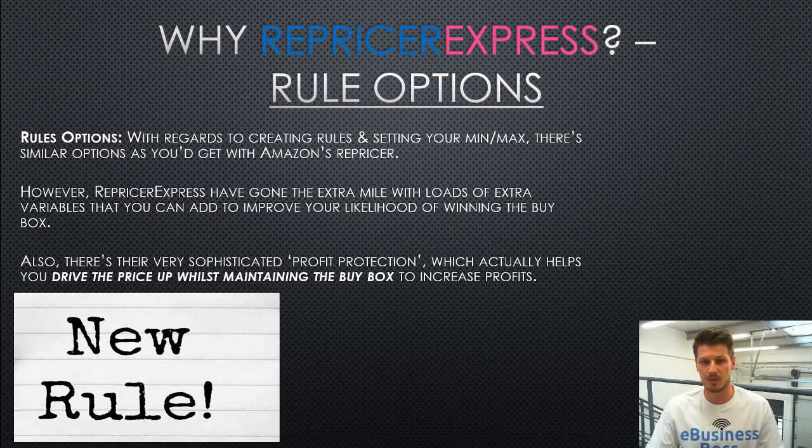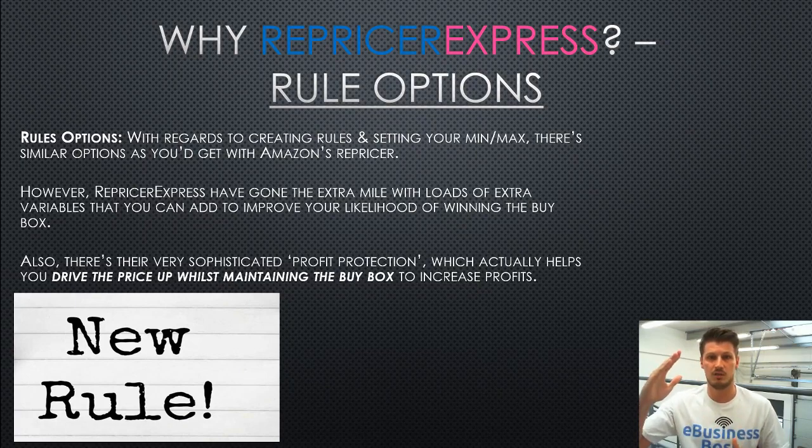And also, yes, profit protection is a massive bonus of RepricerExpress. What that actually does is it enables you to drive the price up on a listing to increase your profits. Specifically, you can do this at night. So you might set a certain period, I don't know, between 2 a.m. and 6 a.m. when everyone's asleep, to drive the price right up, so that anybody else that's using a repricer might move with you.